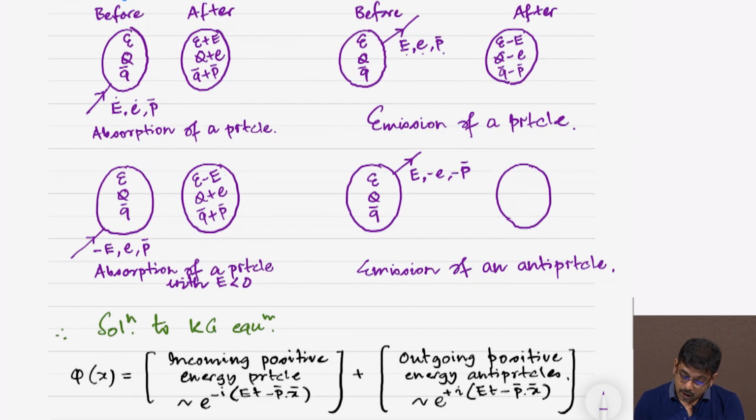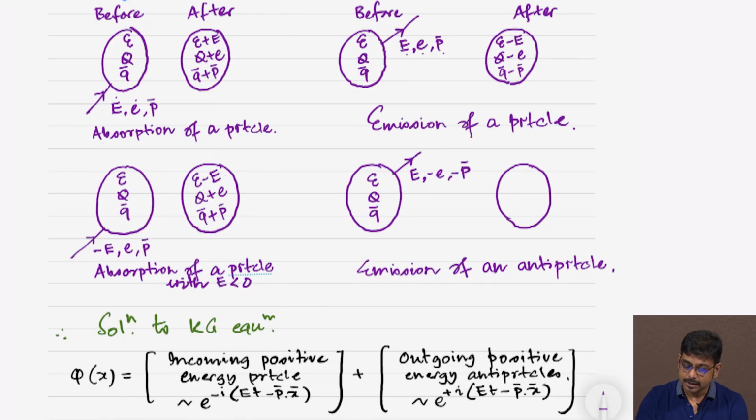Now, let us think of emission of an antiparticle. What was the interpretation of an antiparticle? That we are going to keep the energy positive and flip the sign of the charge. So, that becomes minus e, for example, and momentum is also flipped to minus p. So, let us think of the emission of an antiparticle with energy epsilon, charge minus e and momentum minus p.